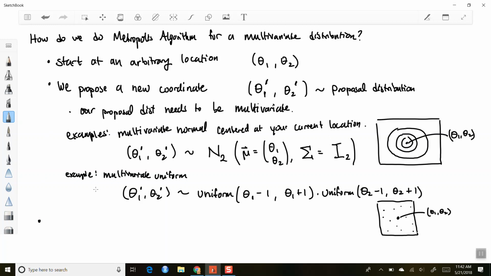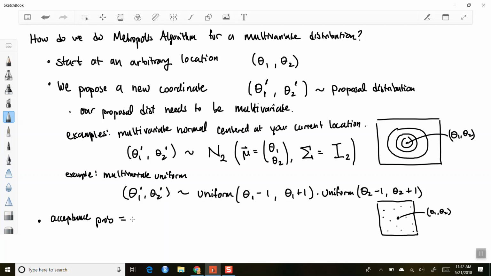And then what's the next thing we do in the Metropolis algorithm? We have to calculate an acceptance probability, right? Okay, and the acceptance probability is going to be exactly what you think it is.